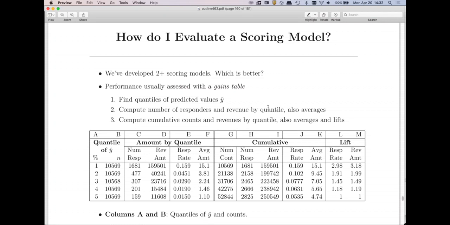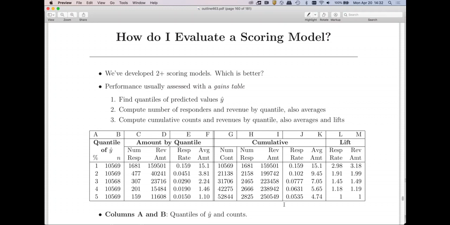You can think about predictive accuracy as just a step along the way to getting to these true objectives. But we can create some accuracy measures that capture the real objective, which is generating responses and revenues.